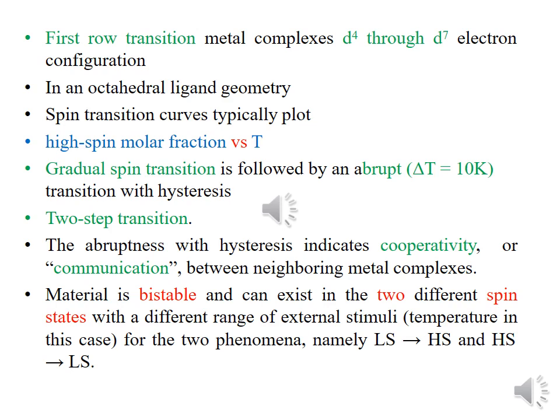The abruptness with hysteresis indicates communication between neighboring metal complexes. In that case, the material is bistable and can exist in two different spin states within a range of external stimuli, such as temperature in this case.